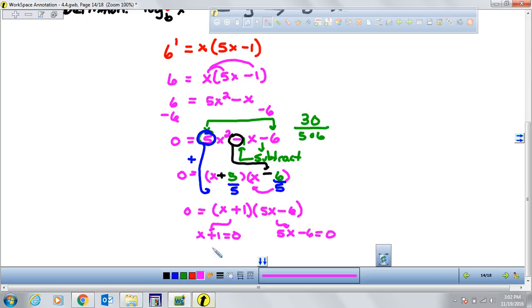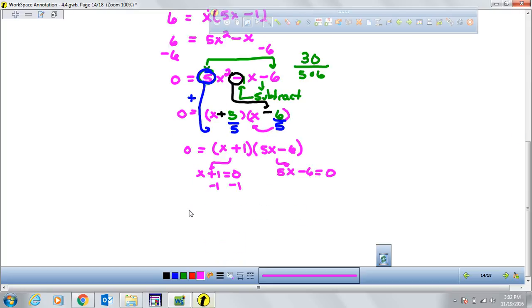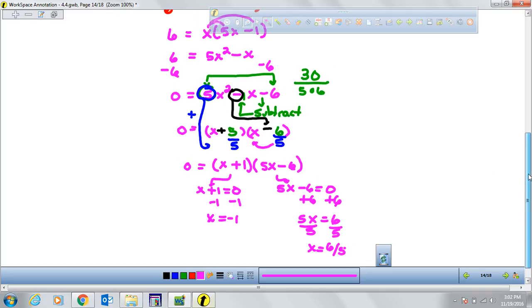So if I solve for x right here, minus 1 on both sides, that gives me x equals negative 1. And right here I move the 6 over, so that gives me 5x equals positive 6. Then if I divide by 5, x equals 6/5, which is equal to 1.2. Okay? Those are my two solutions.